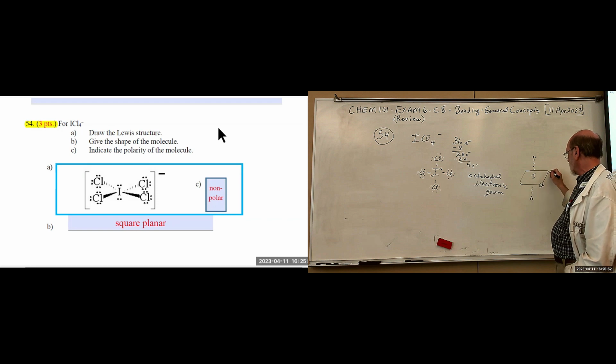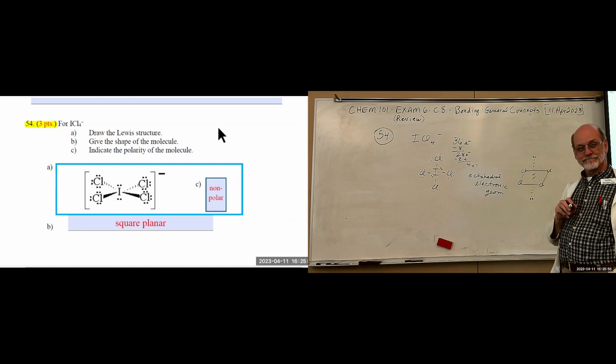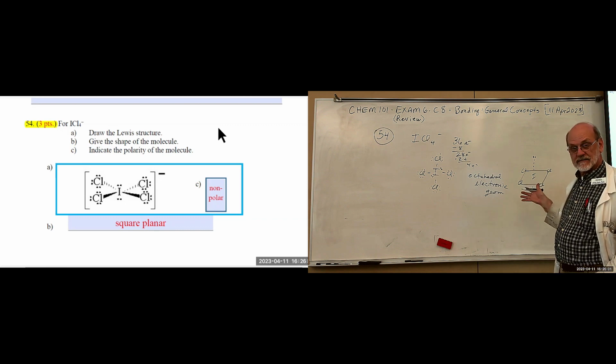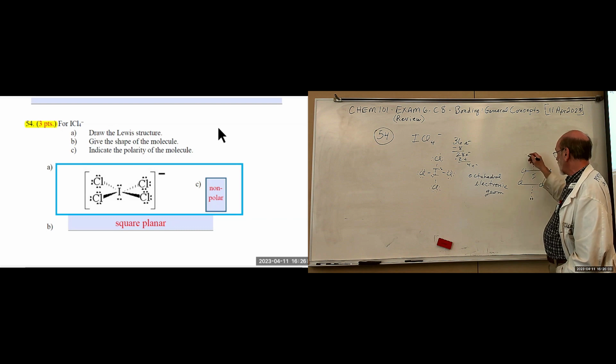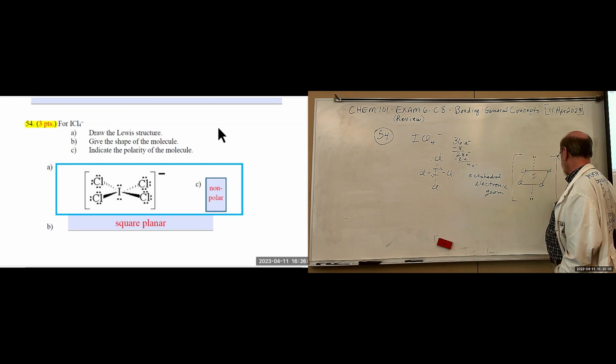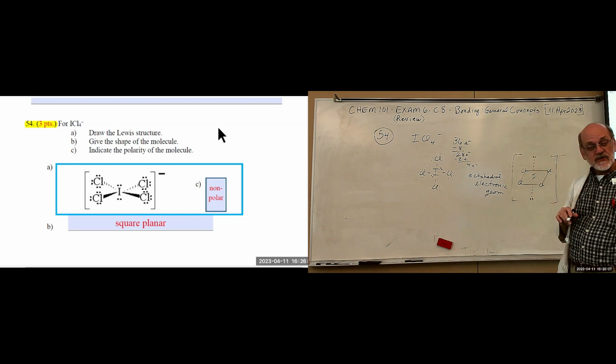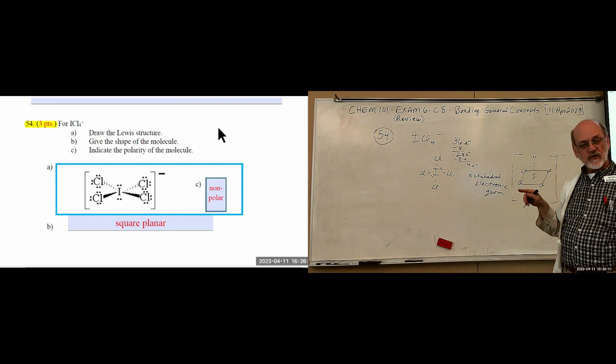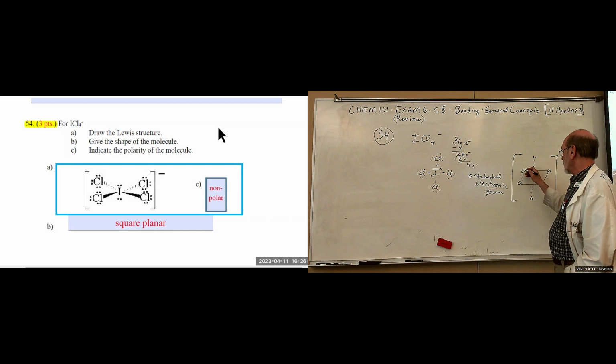And the rest as chlorine. Okay. Now, this is not complete yet. If we draw it that way, we've got to have the charge. Without the charge, the total electrons in here are not accurate.